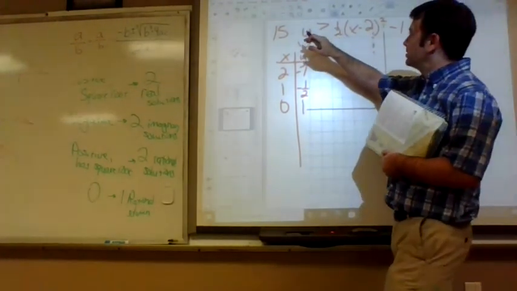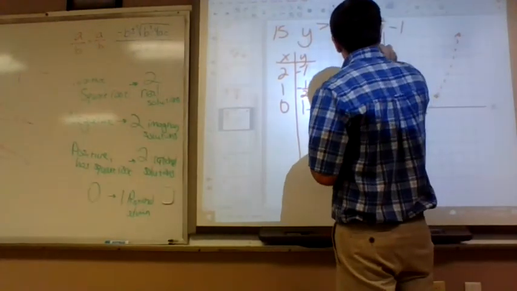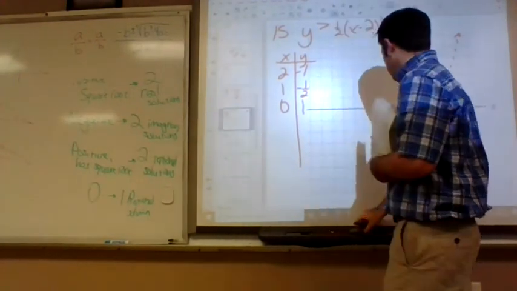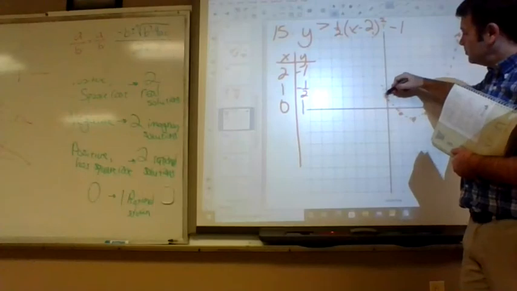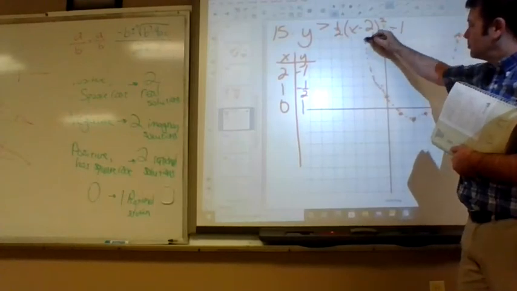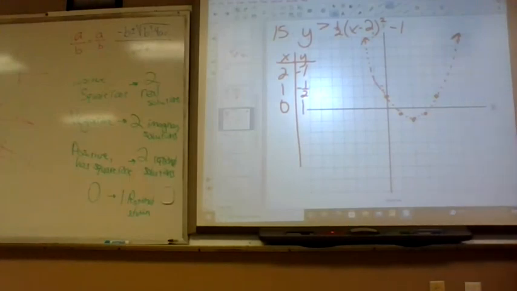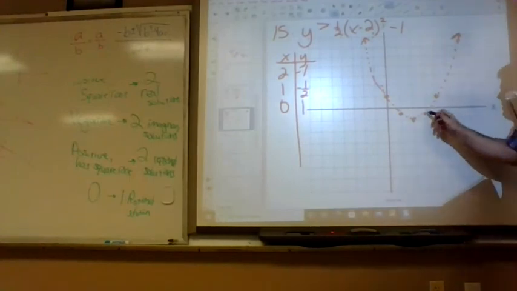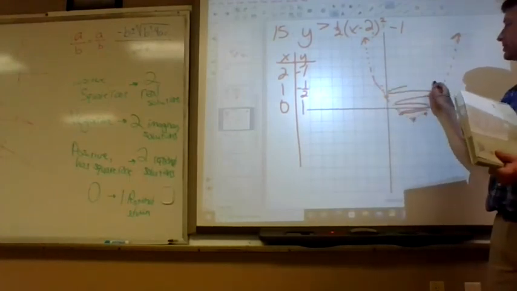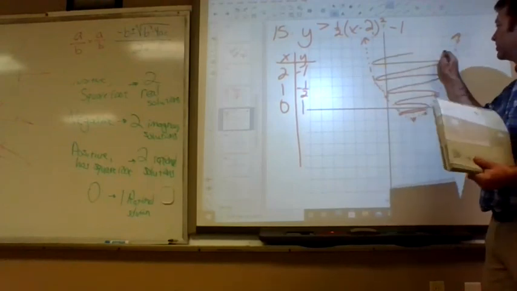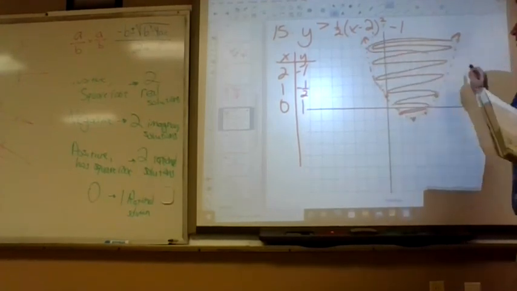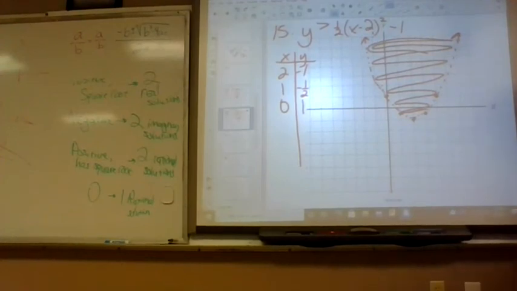That's too steep. Okay, it's greater than again, so it's going to be above again. If it was less than, you'd have to color a lot more, all below that.